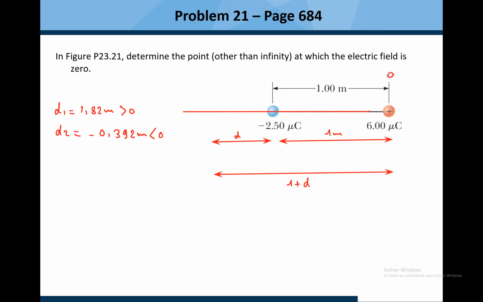So here it's okay. If d is negative, we will have 1 minus 0.392. So it will be in this region. This region is prohibited. It's not acceptable. You cannot be here. So this is the accepted value and this is rejected. Thank you.